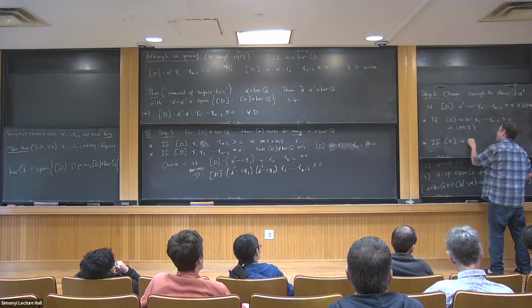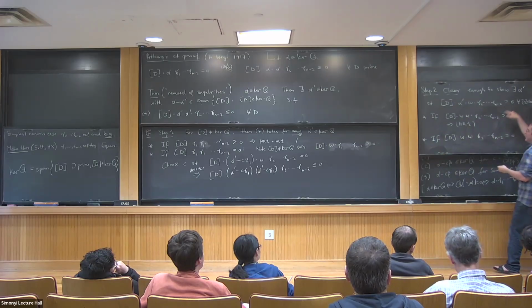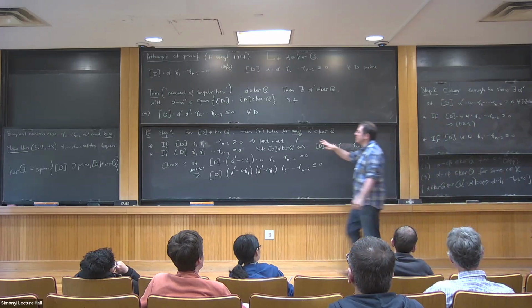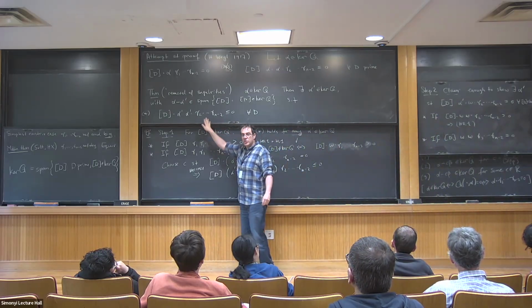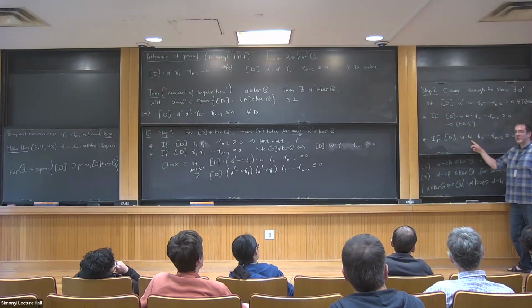And if D dot omega dot gamma 2 equals 0, then actually it's not even an inequality, then I even get this with equality. And this will always be equal to 0, just by our usual perturbation argument. Because these omegas are in the ample cone, so they are in the interior.